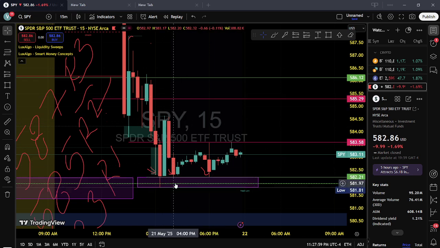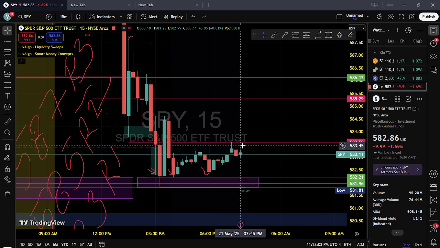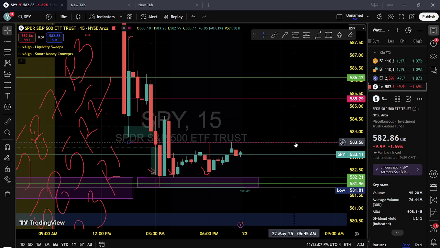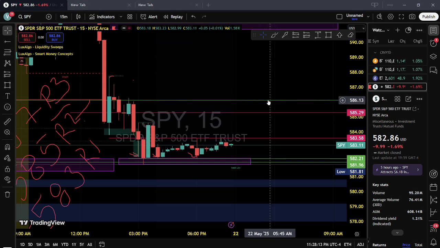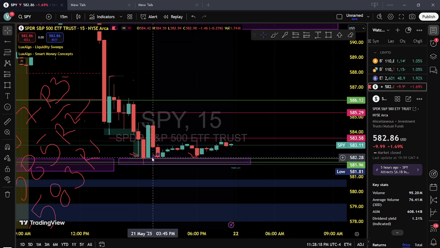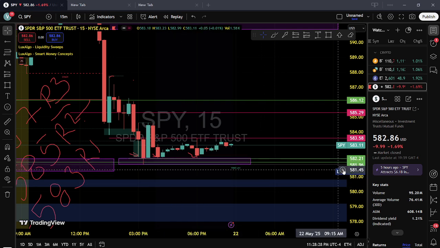So there is a small upside in the market for tomorrow, but let's see how much upside we can see because it rejected. We have 583, 585 and 586, those three levels. It will definitely try to touch them because it shows support: one, two, three, four times it already bounced at this level, guys.